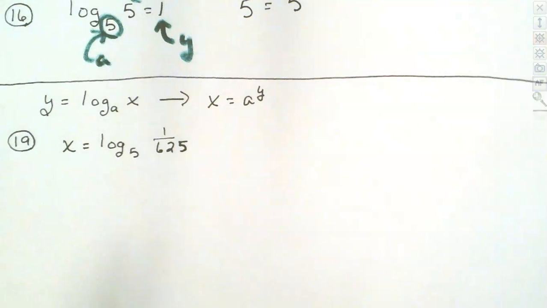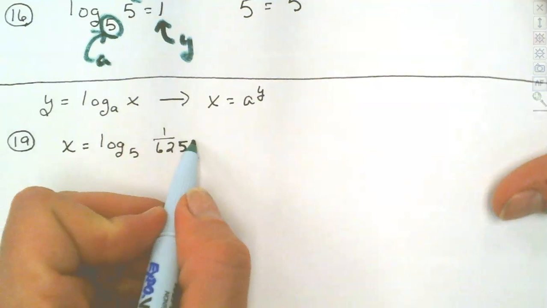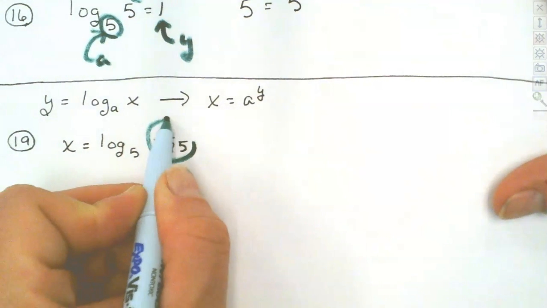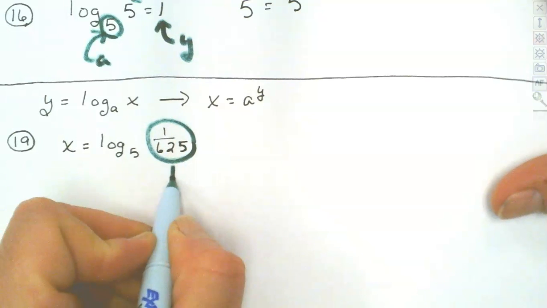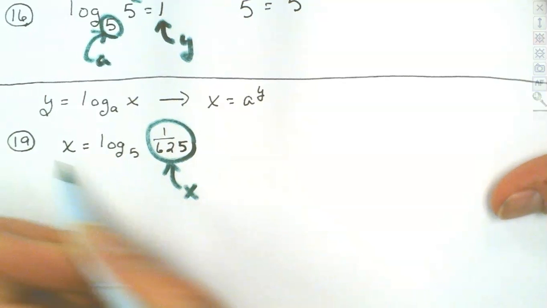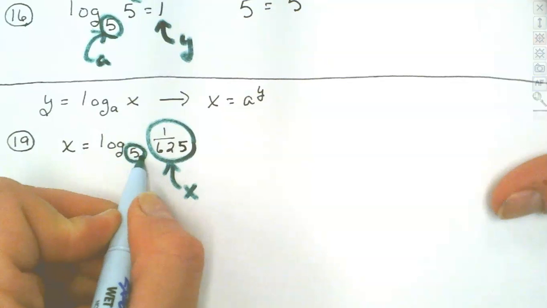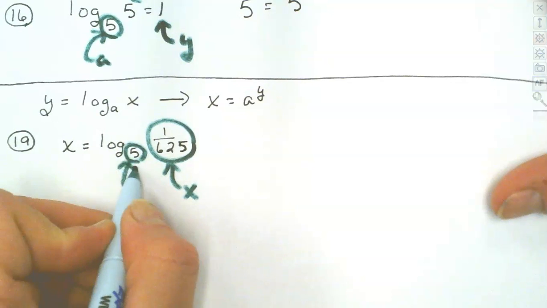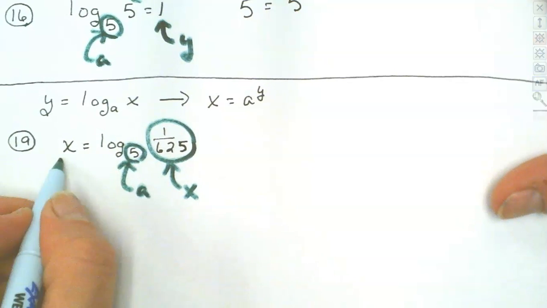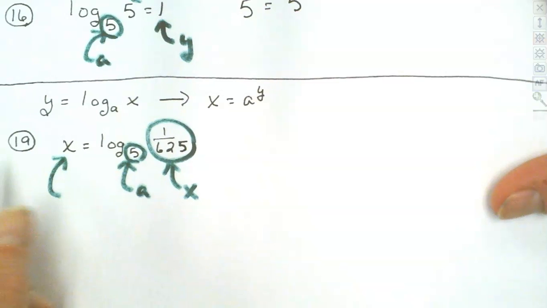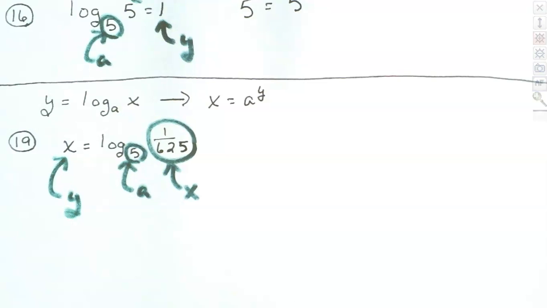I know it's confusing because sometimes the variables are labeled differently, but the number inside the logarithm, that is your x. The number down below is your base, that is your a, and the number by itself, that is your y. Is everyone okay with how I labeled it?